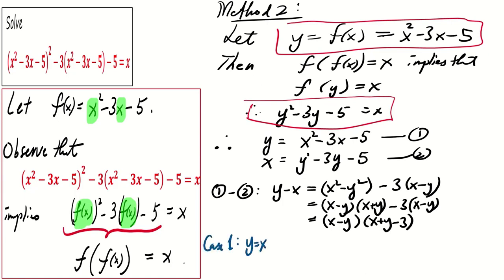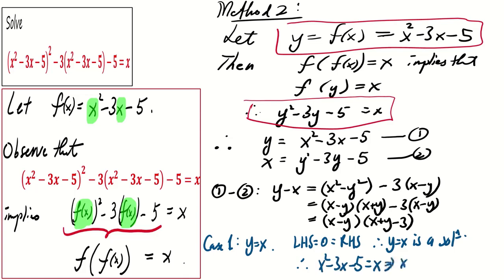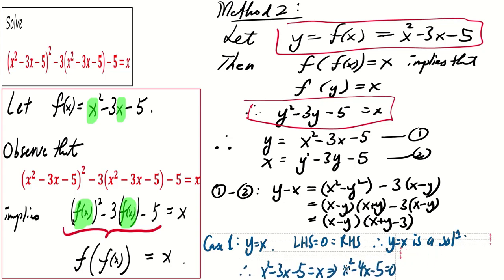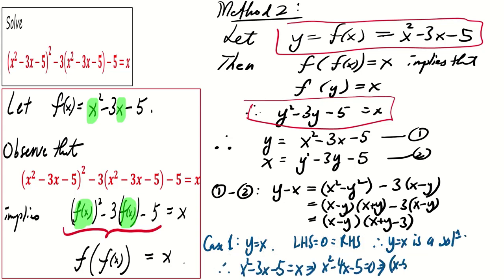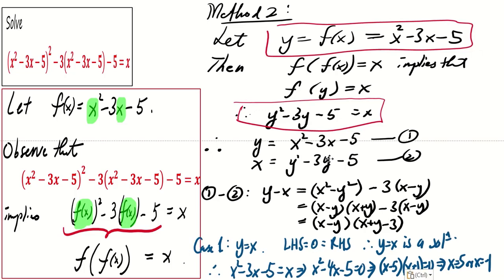Note that in this case, the left-hand side equals 0, which equals the right-hand side. This means that y equals x is a solution. And therefore, x squared minus 3x minus 5 equals x, which means that x squared minus 4x minus 5 equals 0. Factorize it, (x minus 5)(x plus 1) equals 0, and we obtain the answer x equals 5 or x equals negative 1.